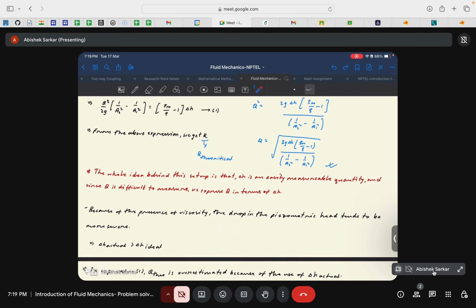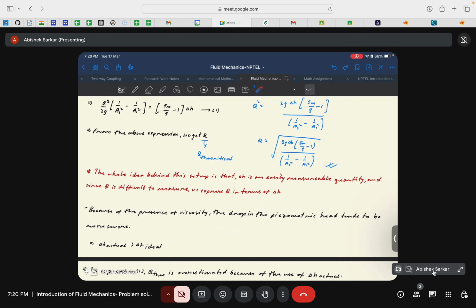Now the thing is, because of the presence of viscosity, let us just read through it. Because of the presence of viscosity, the drop in the piezometric head is usually higher than what it should actually be when evaluated from the perspective of Bernoulli's equation. Because remember, we don't actually consider the effect of viscosity while calculating the volume flow rate from Bernoulli's equation.